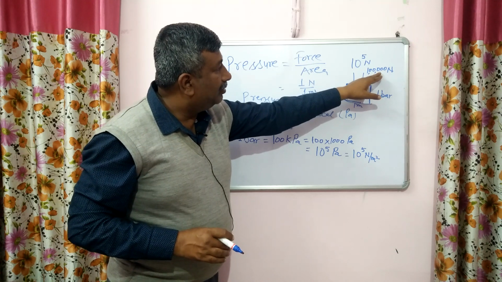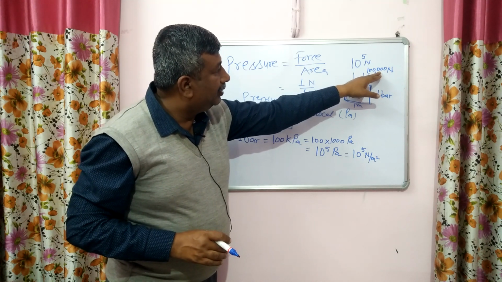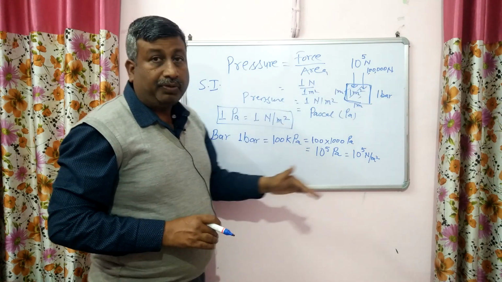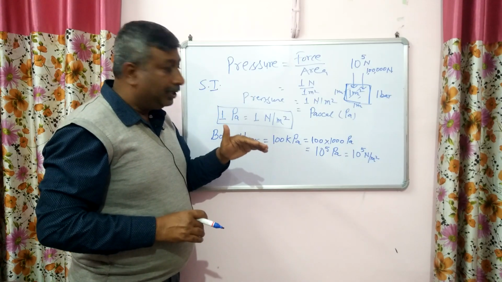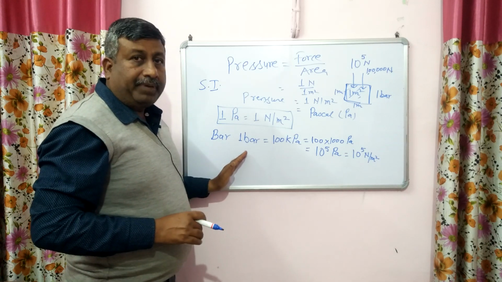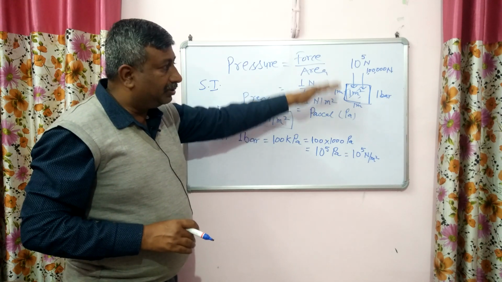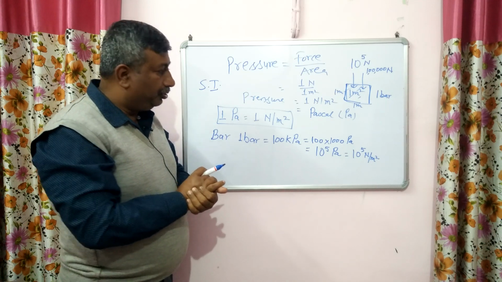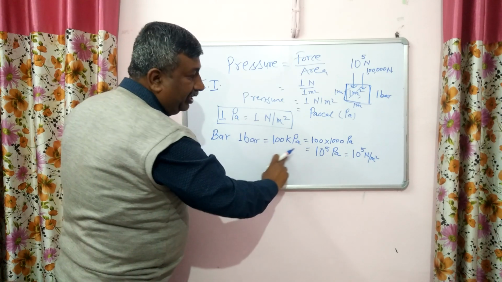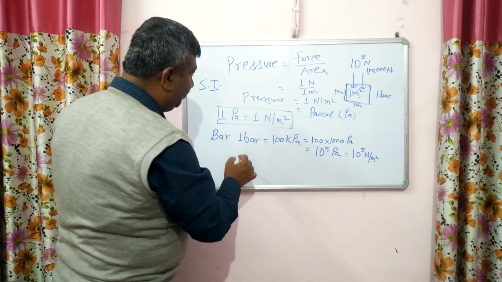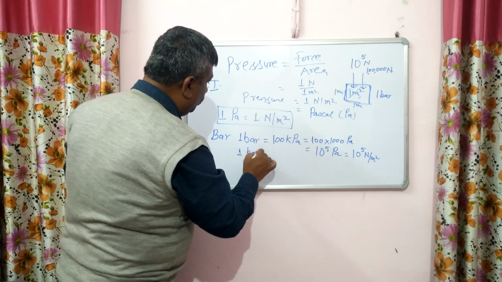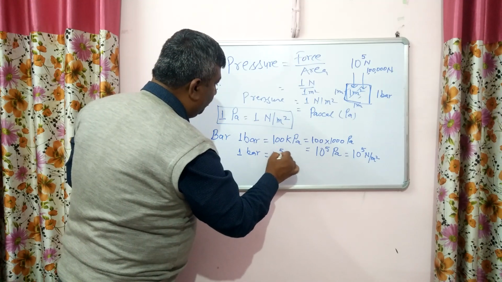Ones, tens, hundreds, thousands, ten thousand, lakh. 1 lakh Newton force on 1 square meter, then the pressure on the surface is 1 bar. So 1 bar is a very large unit. This is the relationship: 1 bar is equal to 10 to power 5 Pascal.